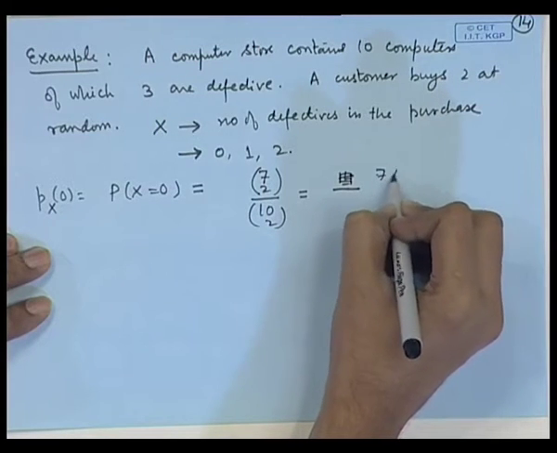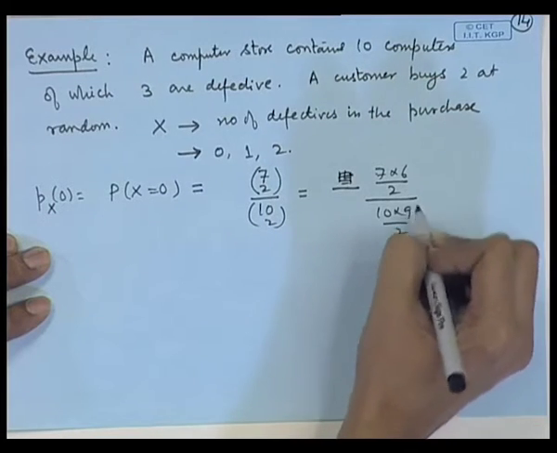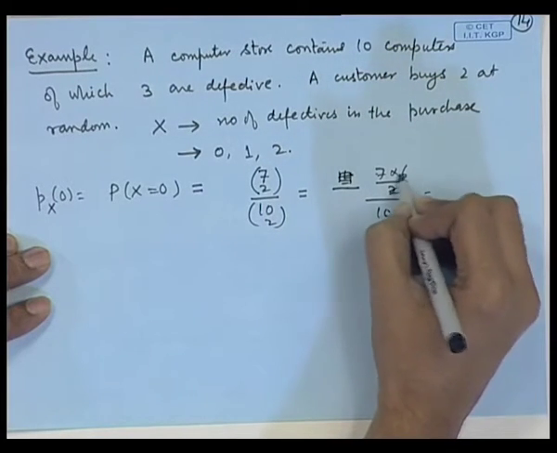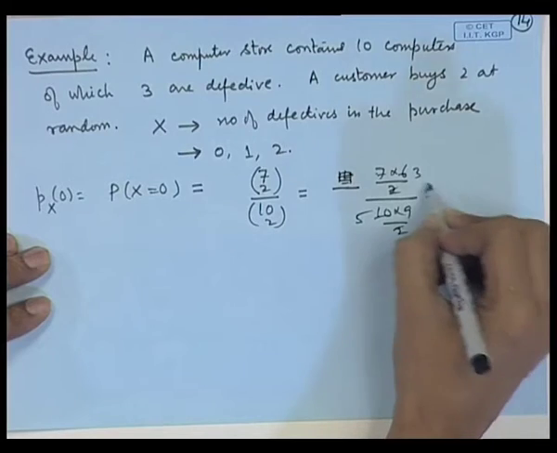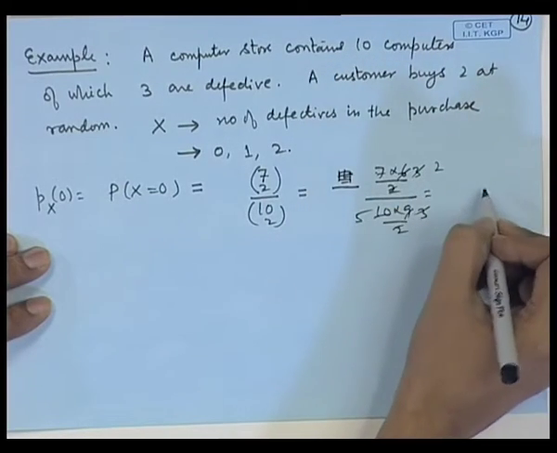So, it is 7 into 6 by 2 divided by 10 into 9 by 2.